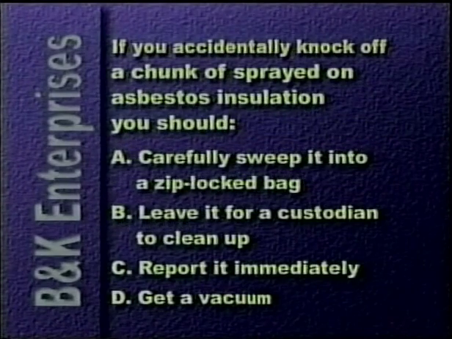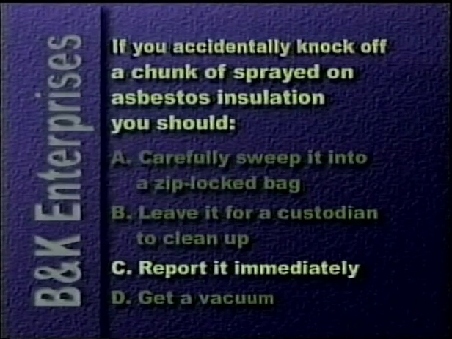Number 6. If you accidentally knock off a chunk of sprayed-on asbestos insulation, you should A, carefully sweep it into a Ziploc bag. B, leave it for a custodian to clean up. C, report it immediately. Or D, get a vacuum. The correct answer is C, report it immediately.